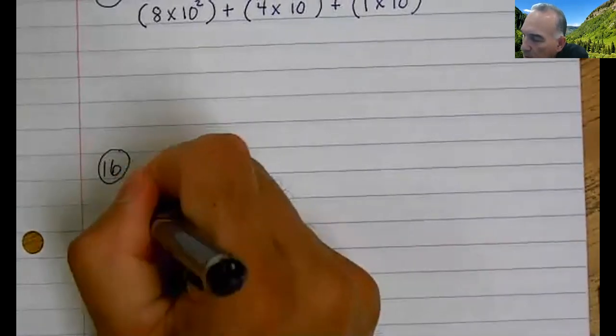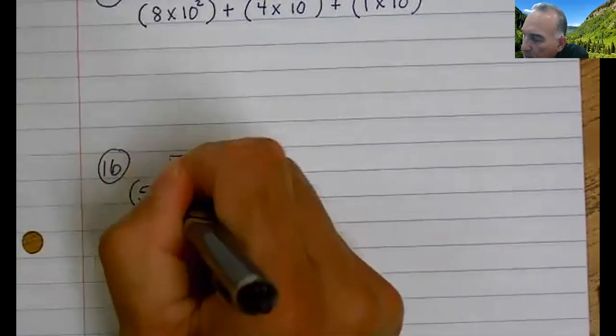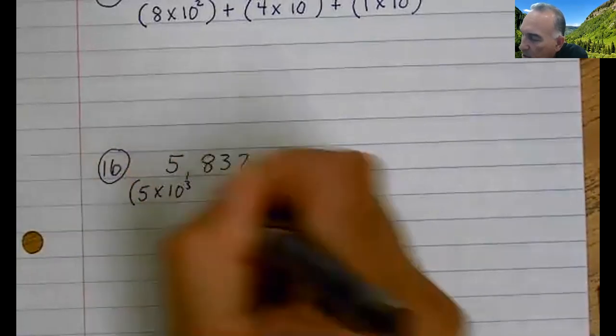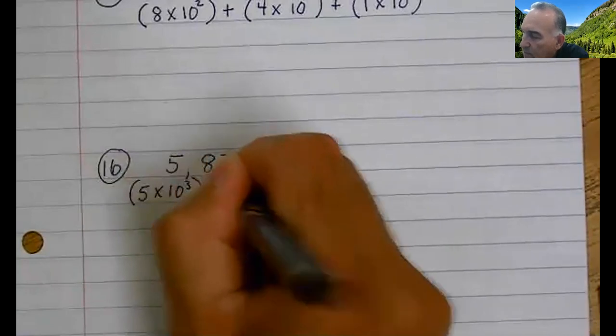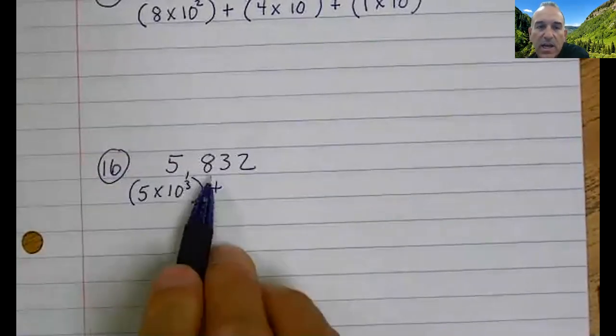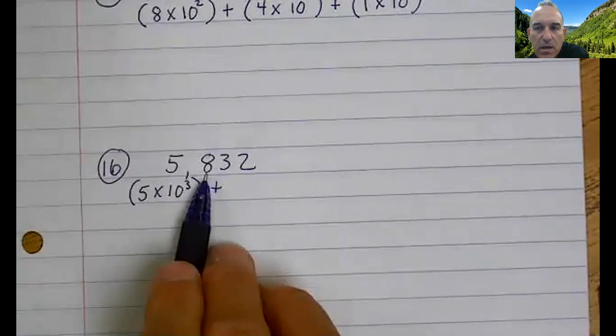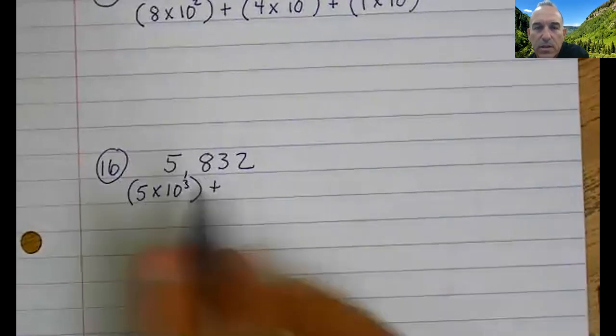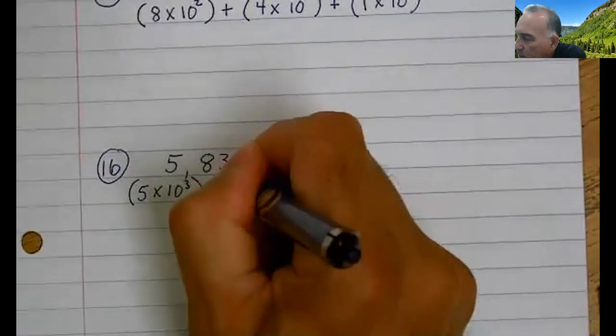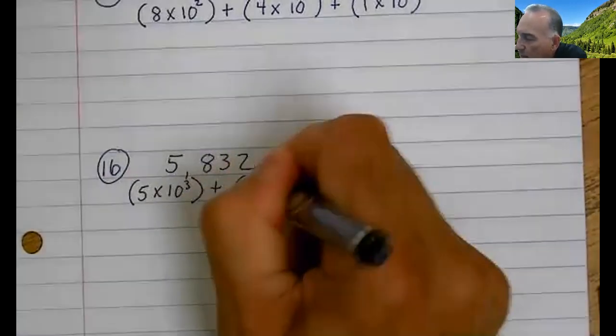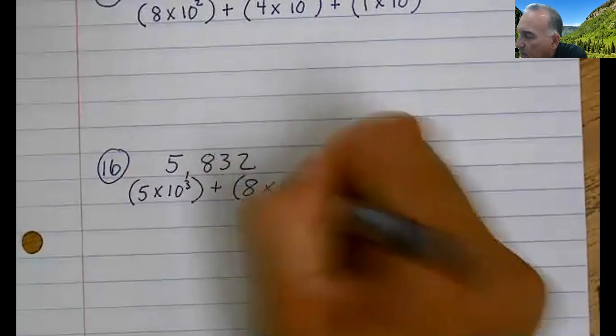So you would go 5 times 10 to the third plus, if this is 10 to the third, this has to be 10 to the second. Think about it. 10 times 10 is going to get you into the hundreds. So this is 8 times 10 to the second.